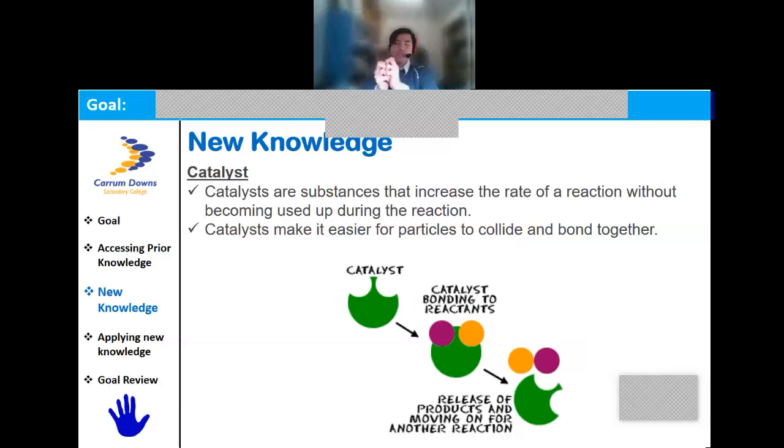and bond together. An example of this would be, you may know, the Mentos in Diet Coke. If you have the Diet Coke by itself, when you open the cap, you see that you've got carbon dioxide being released.